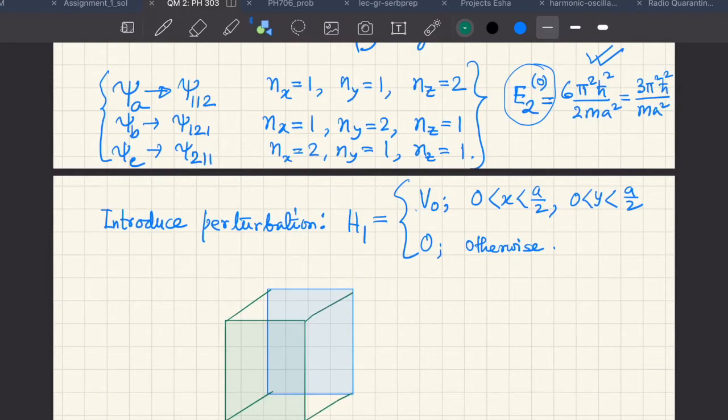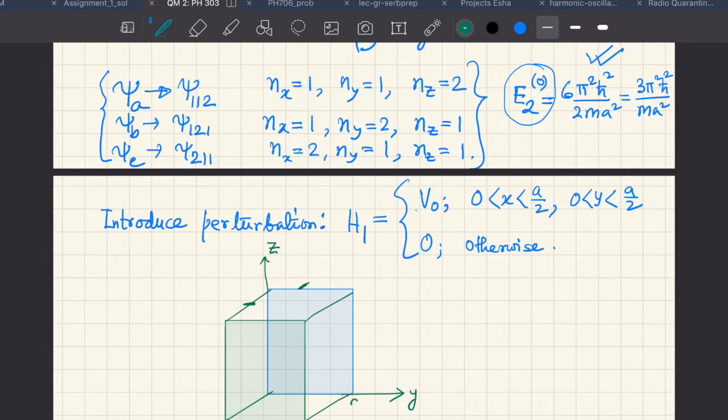Suppose this is my, okay, first let me draw the x, y and z axis. So this is my y axis, this is my x axis, and this is my z axis, and these are the middle parts a by 2 for x and y axis.